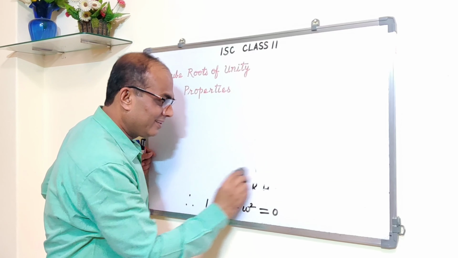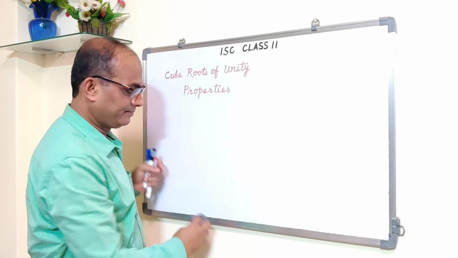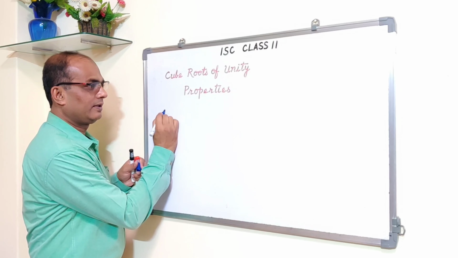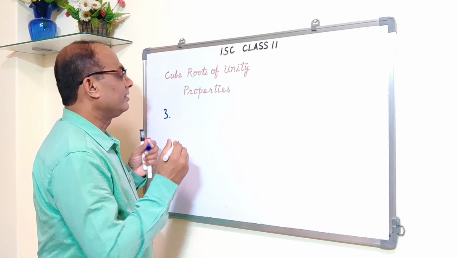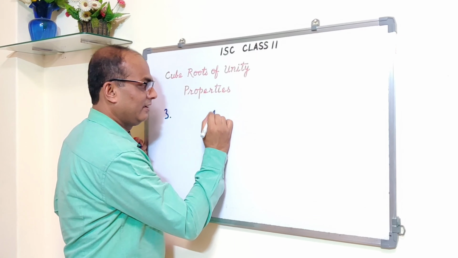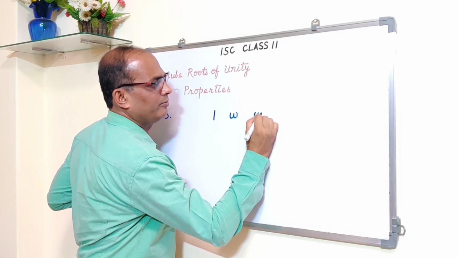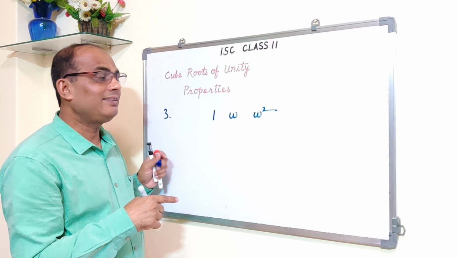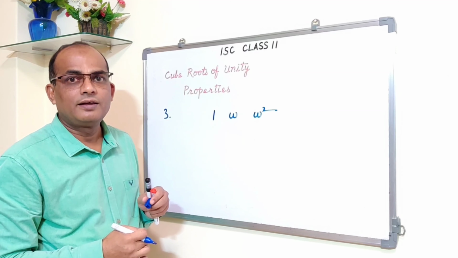The product of the three cube roots of unity is 1. Third property. The three cube roots of unity are 1, omega and omega square, right? And this property says that the product of these three is 1.